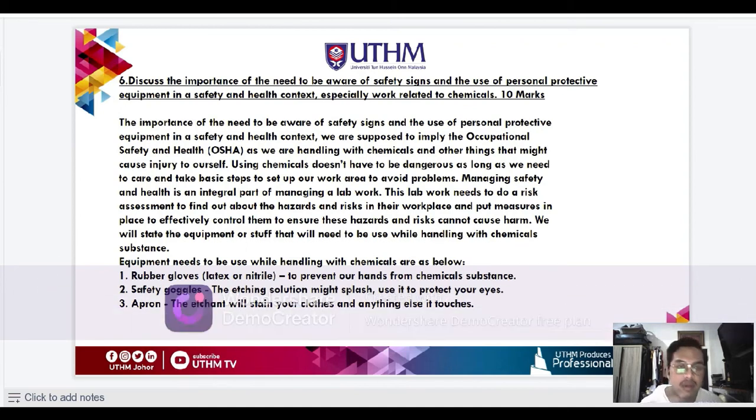So here we have question 6. Discuss the importance of the need to be aware of safety signs and the use of personal protective equipment in safety and health context, especially related to chemicals, 10 marks. We are supposed to apply OSHA, as we are handling chemicals and other things that might cause injury to ourselves.